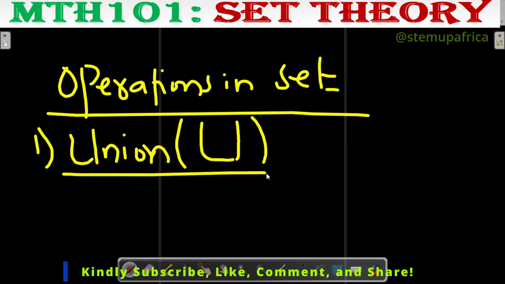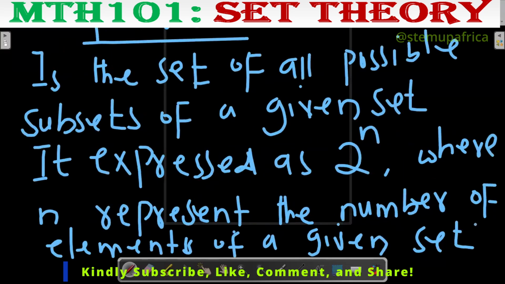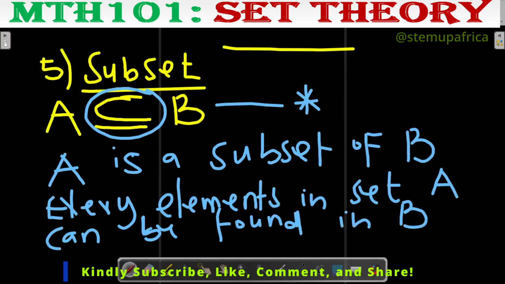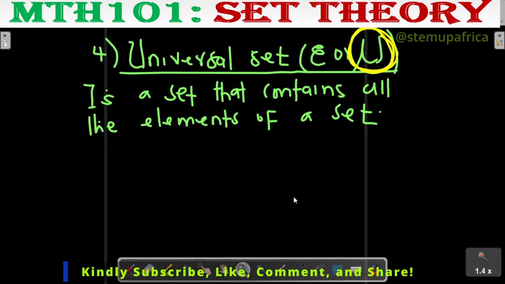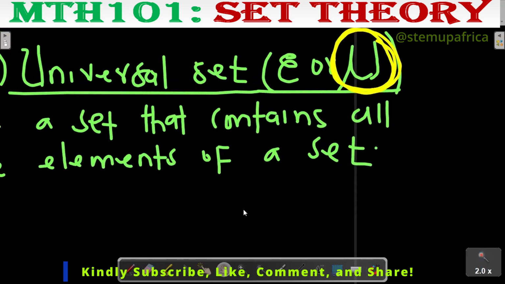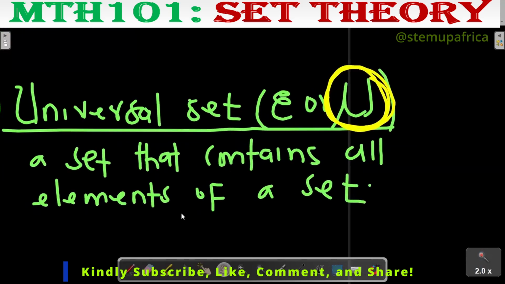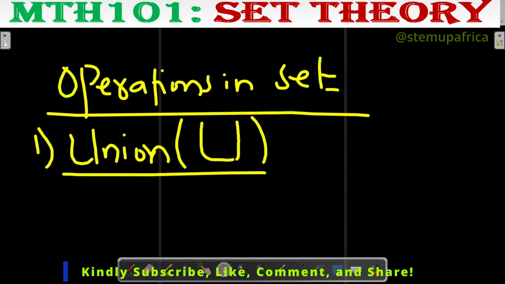Remember I told you earlier that we might see something later. Look at it here. This one is for the universal set. Can you see the difference between the universal set and the union operation?